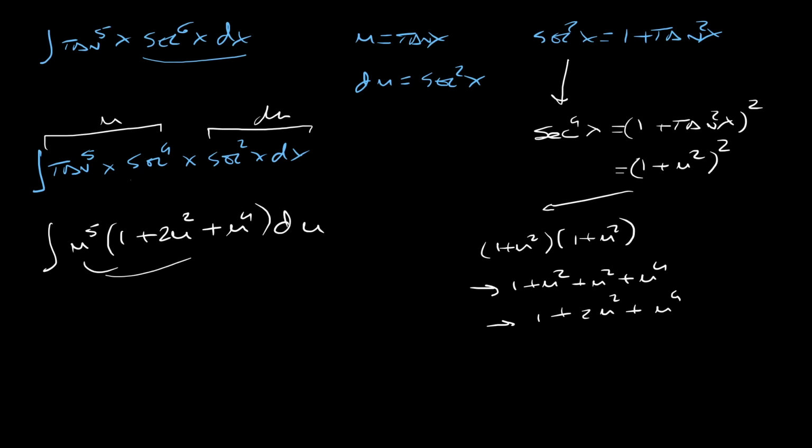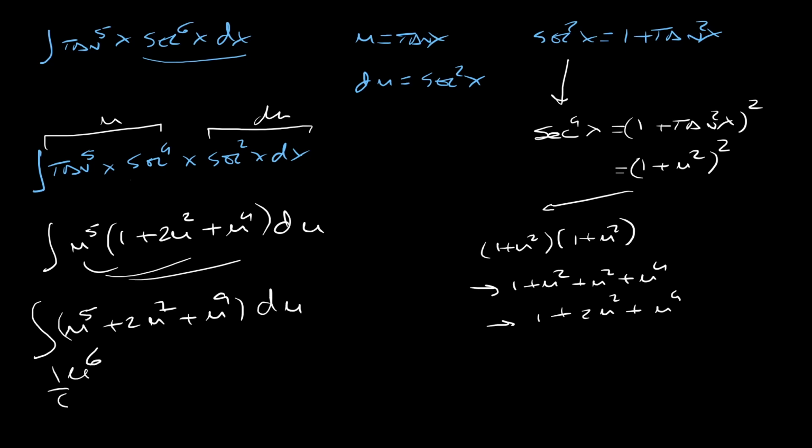If we keep distributing the terms, we get u^5 plus 2u^7 plus u^9 du. So substituting it back, now we just need to solve for the integral.